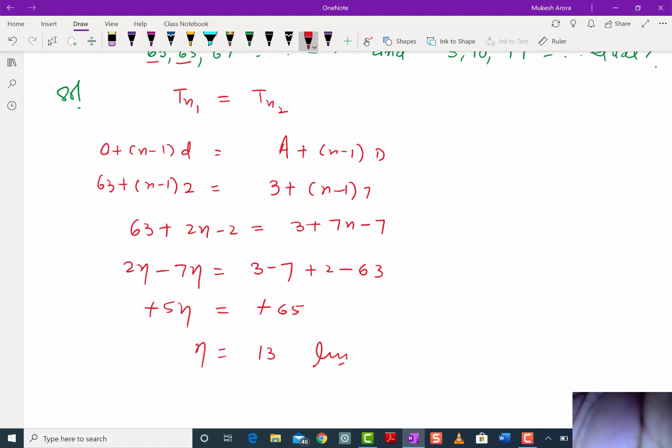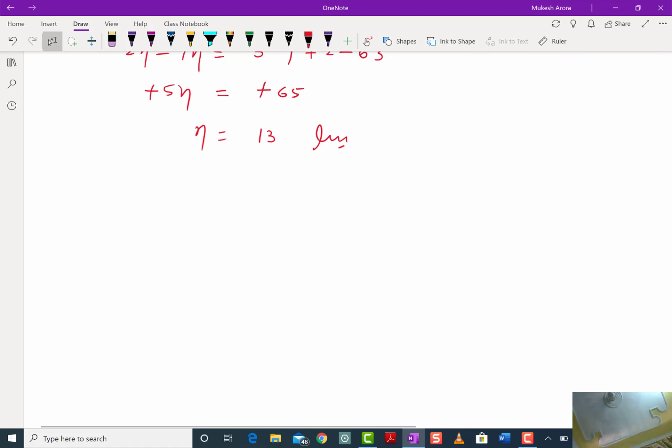So the next question is, now there are two questions which are very important and you have to understand very carefully. It's easy, but you have to understand. The n times the nth term is equal to m times the mth term.